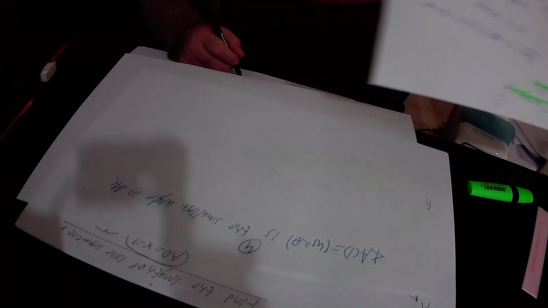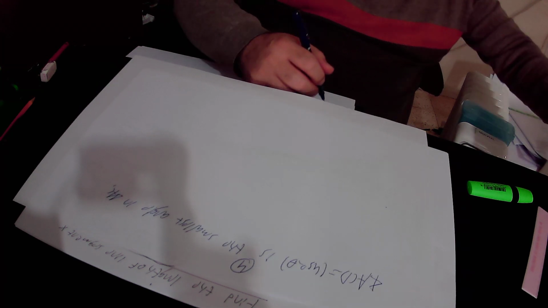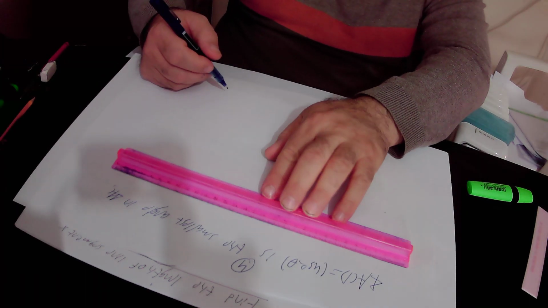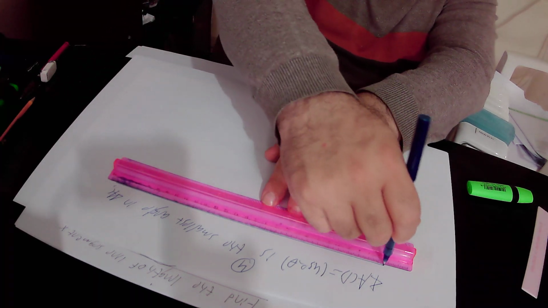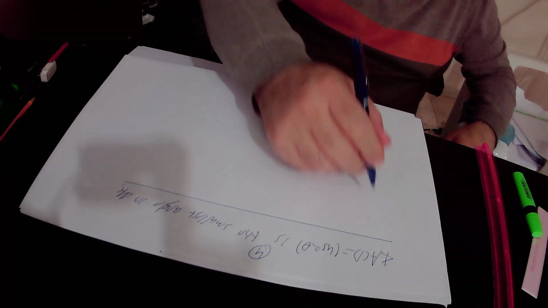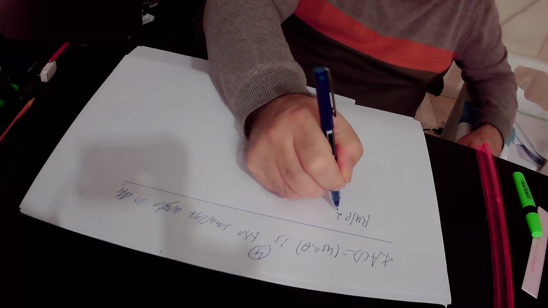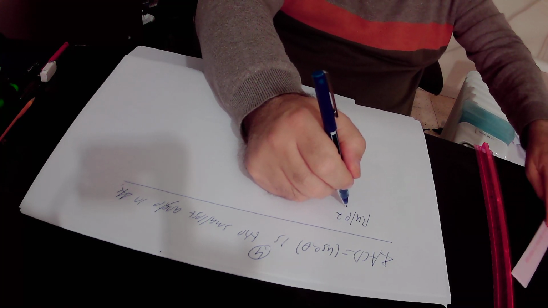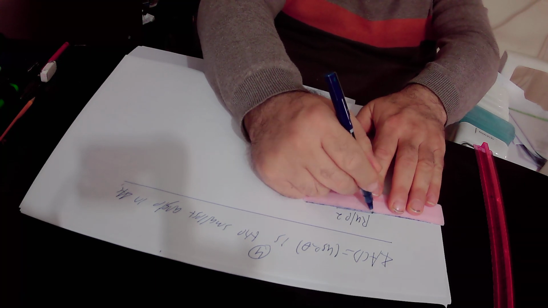Okay, and we also have rule number 2. Rule number 2 relates to the smallest angle in a triangle.